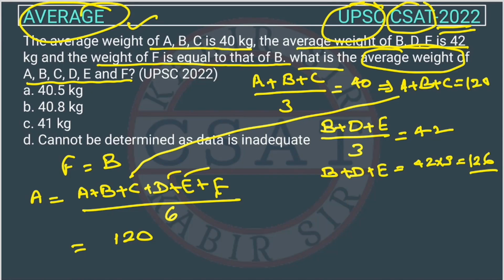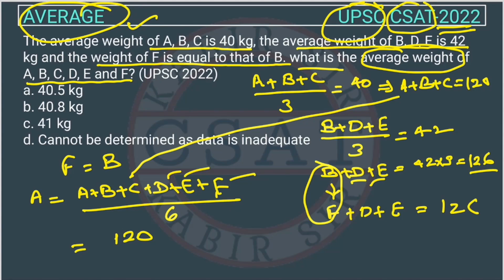We have D plus E, and F is equal to B. So this B will get converted into F, and this will be B plus D plus E, because it is given that the weights of B and F are equal. So it will be 126. So this will be 246 upon 6.